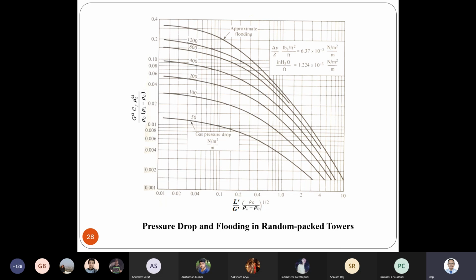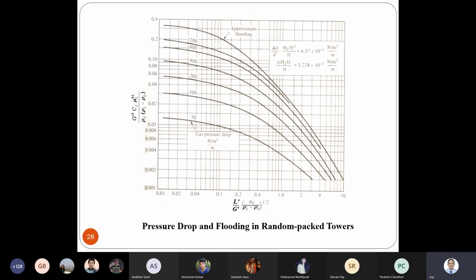So if I just take this small portion, right? Now the gas phase is continuously changing its concentration as it goes through this packed portion. Now, if this change in concentration within this zone is from say Y1 to Y2, right? So Y1 minus Y2 is the change in concentration, and the transfer unit is defined as this change in concentration divided by the average driving force. So what is the average driving force in this section, right?